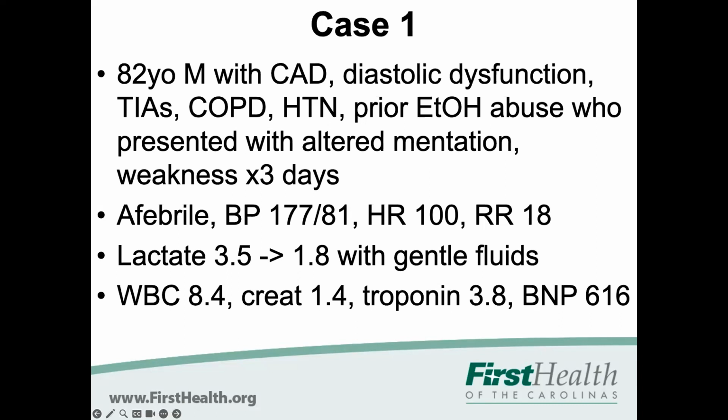In the meantime, several things became available clinically to us, not the least of which was his white count, which also is not markedly elevated, a troponin with some elevation. This is not a high sensitivity. This is a regular troponin I, and then a BNP of 600. Next slide.